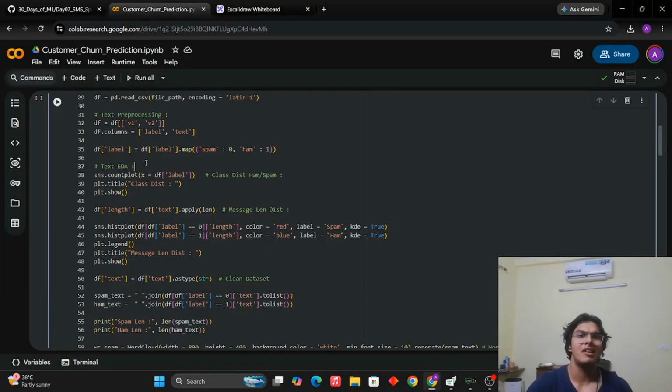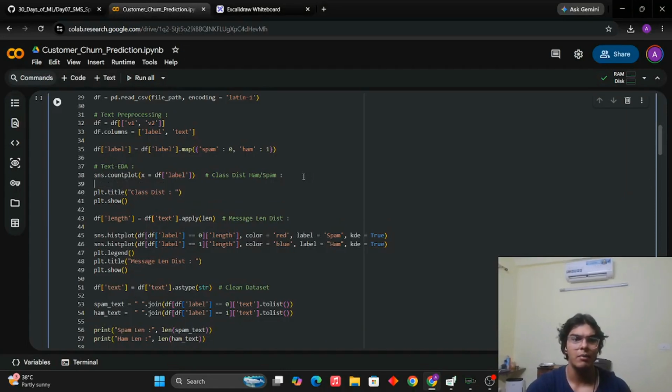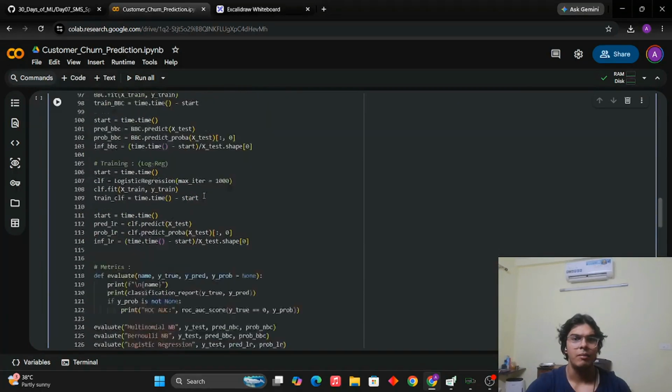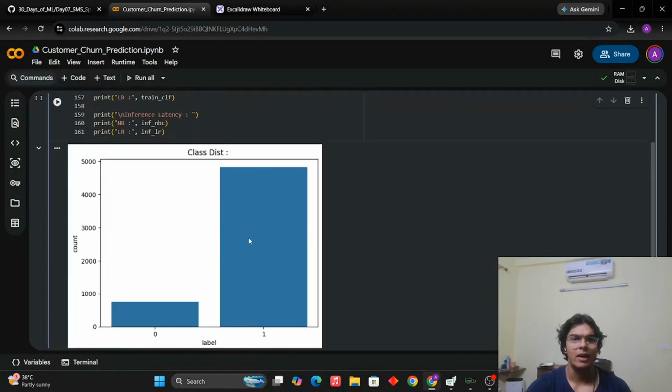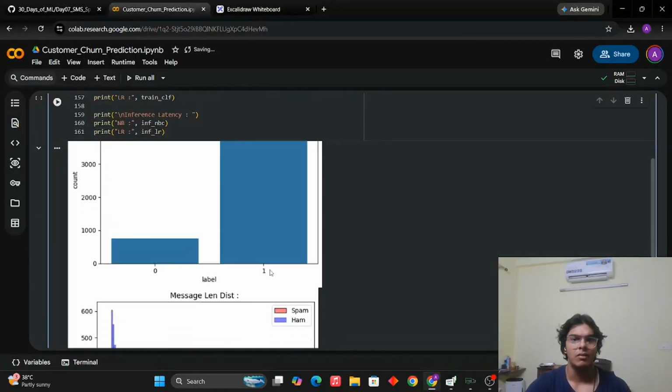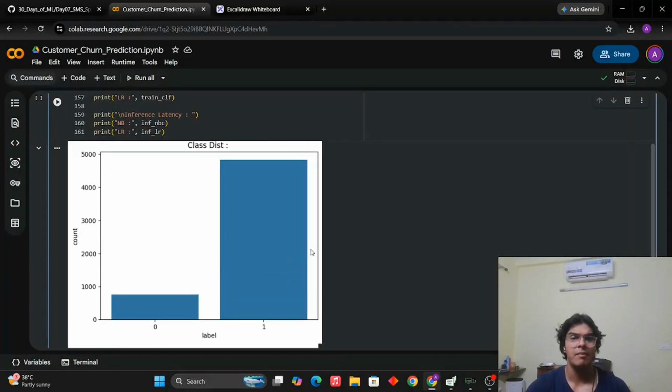To check whether there is an actual imbalance, we plot a count plot using the Seaborn library, and we print it right here. You can look at it. See, it's a massive imbalance. One was our ham, and zero was our spam.